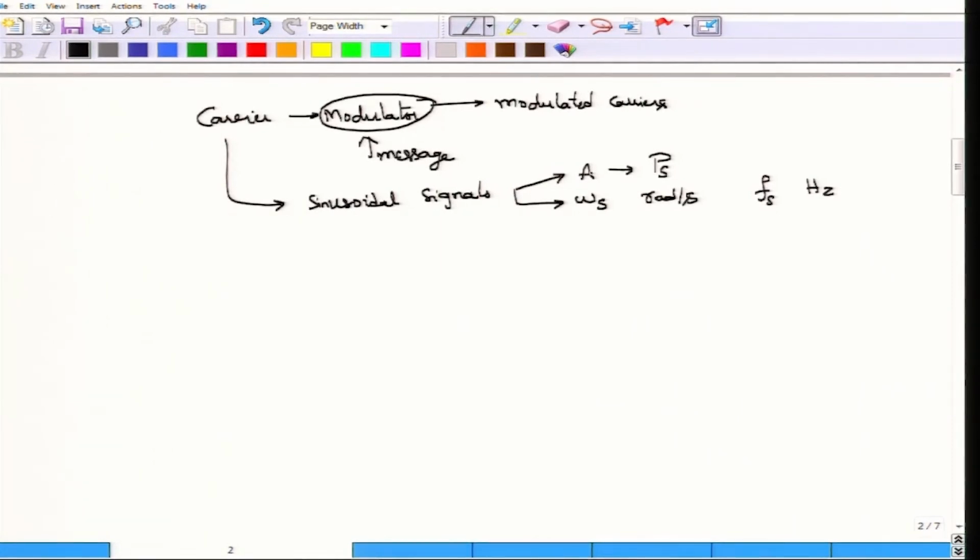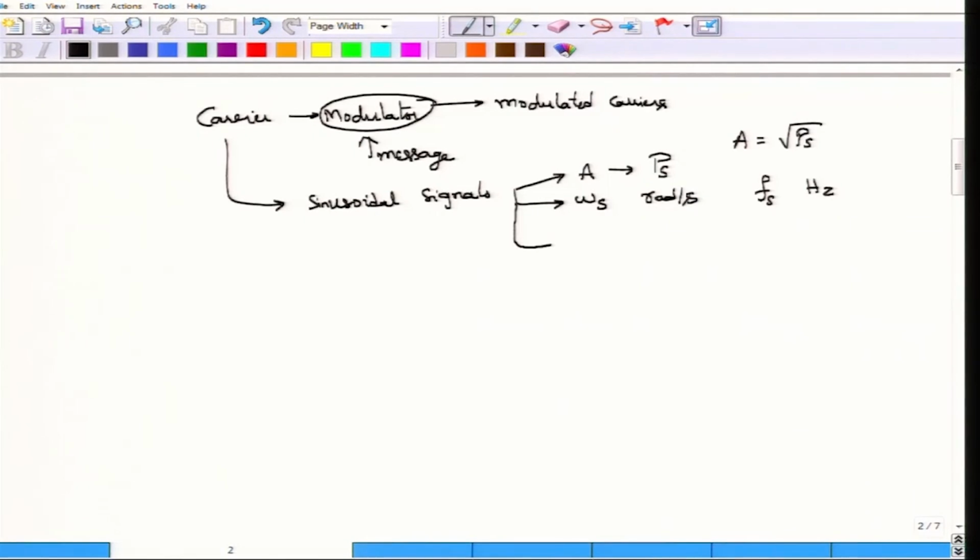Amplitude and power are normally related by this relationship: amplitude is related as the square root of Ps. So, when you square the amplitude, you get the power. This squaring is a kind of normalized amplitude squared, which will then give you the power in the system. There might be some constant sitting in, but we do not really bother about that.